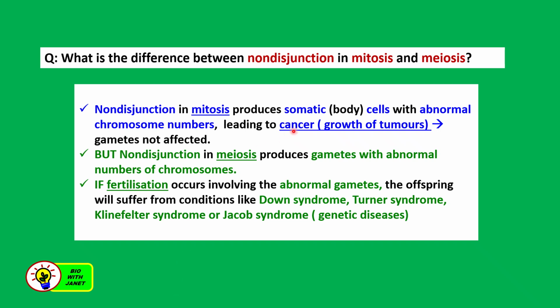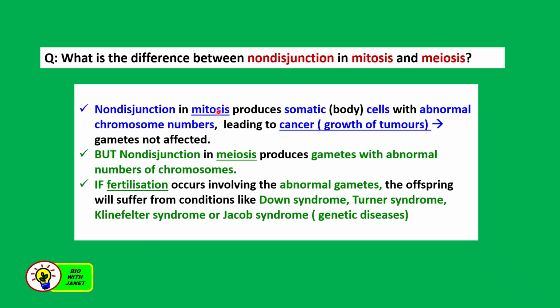So far we've discussed non-disjunction during meiosis, where homologous chromosomes fail to separate or sister chromatids fail to separate. How about mitosis? Does non-disjunction occur in mitosis? Yes. Non-disjunction can occur in mitosis, and can be due to exposure to mutagens, or substances that cause mutation. In mitosis, sister chromatids fail to separate and move to opposite poles.